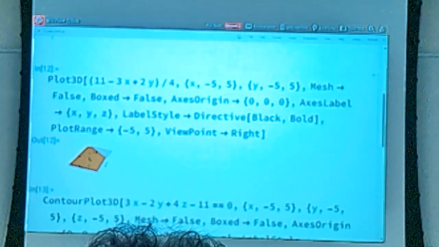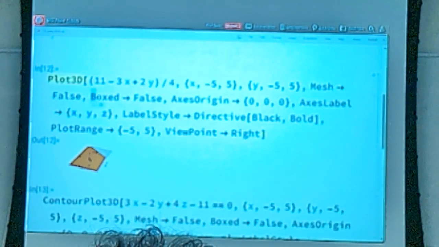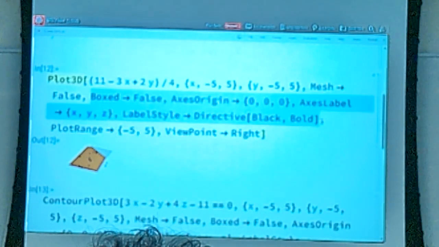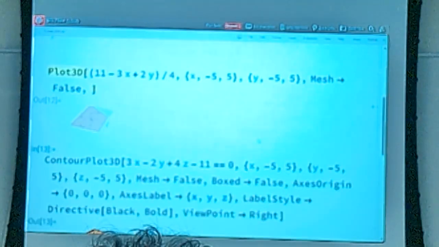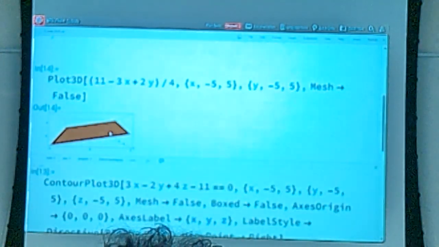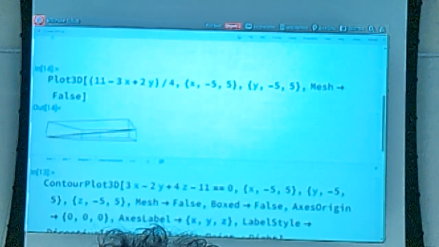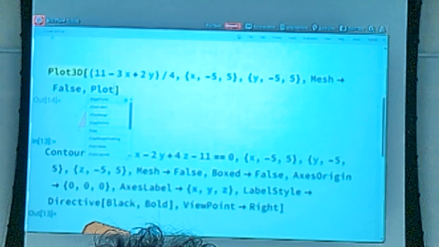I guess I can find out. Let's just get rid of all that. Yeah, it's not there when you box it. Although, let me add back in the plot range.